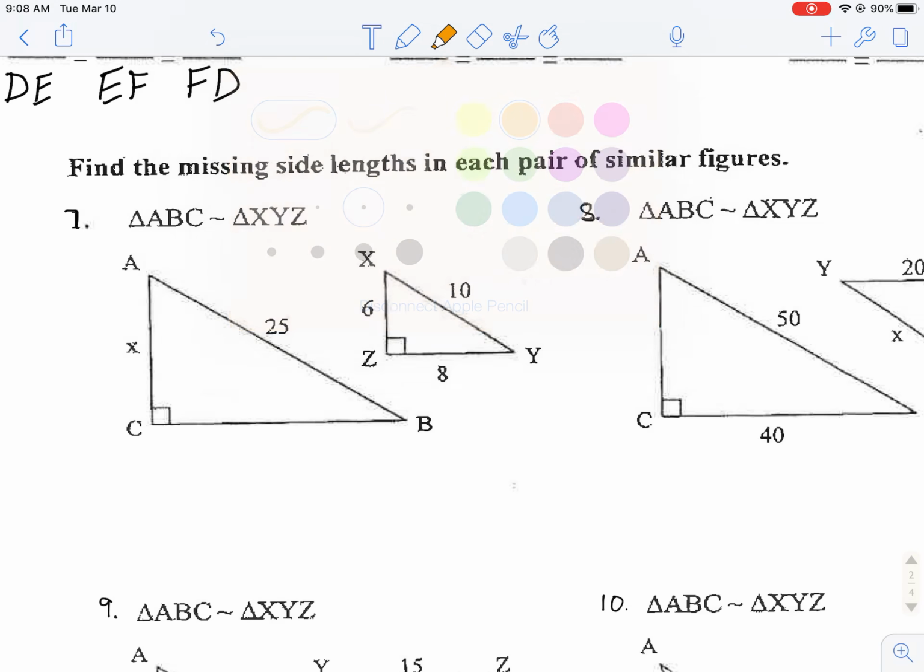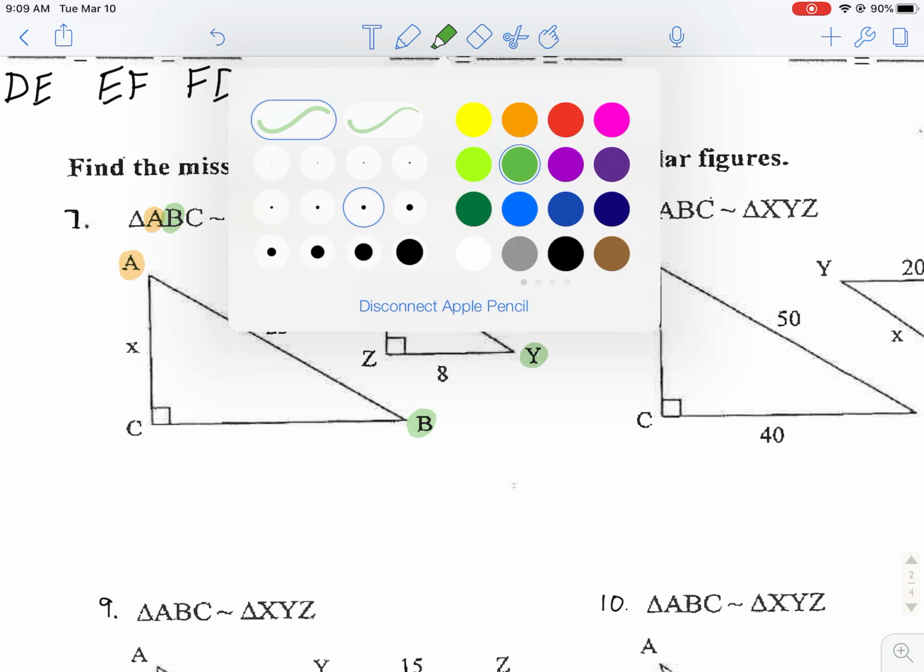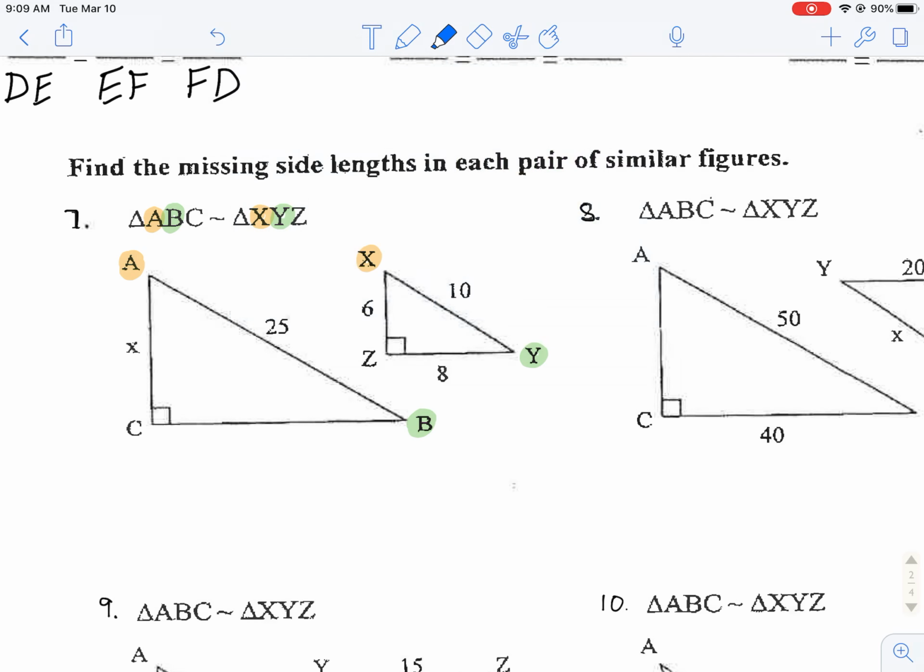So I'm going to first start with the similarity statement. Triangle ABC is similar to triangle XYZ. So A with X, B with Y, and then I have C with Z.